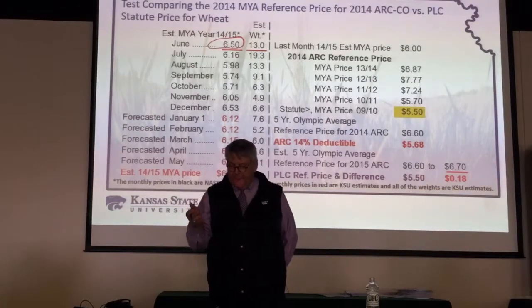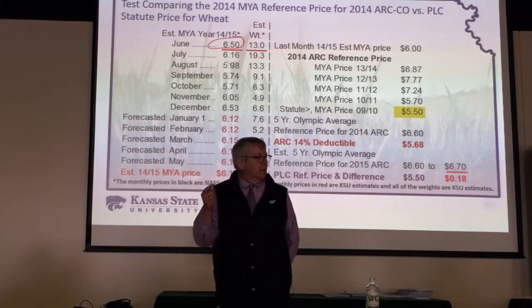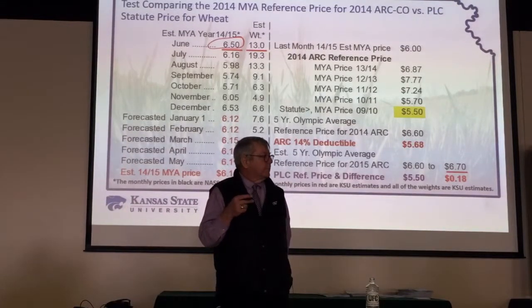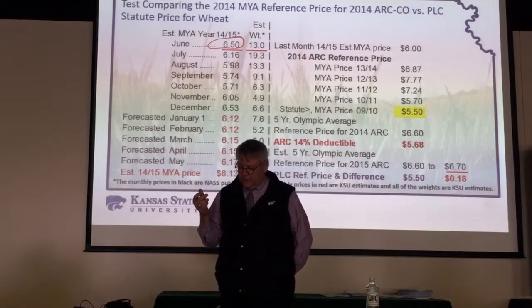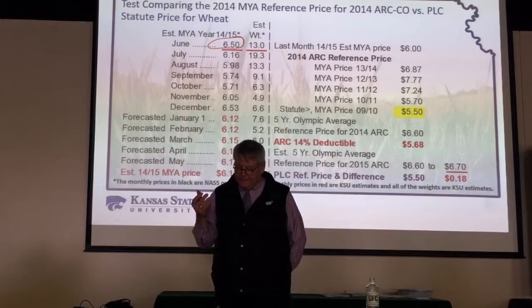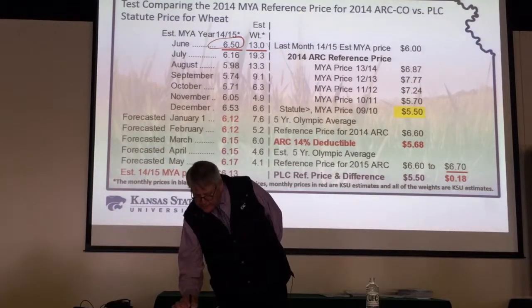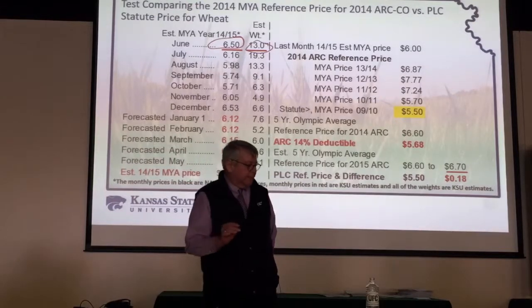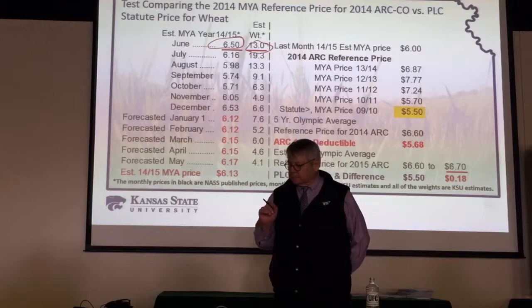And then at the end of the marketing year, and for wheat, the marketing year is June 1 through May 31st. At the end of May, it won't come out till the 1st of July, but they will go in and calculate the percent of the crop sold in that month. So the 13% there is an estimate of KSU.